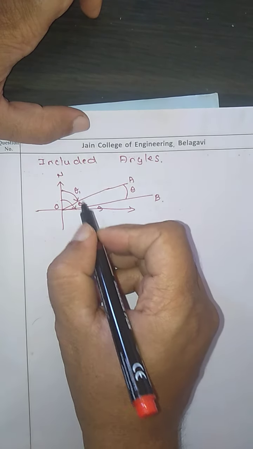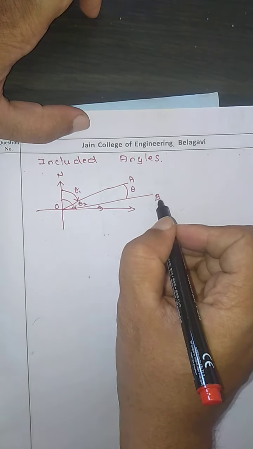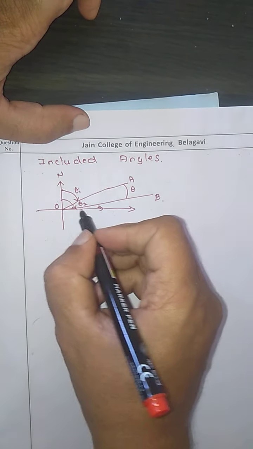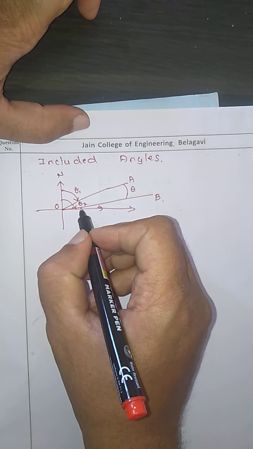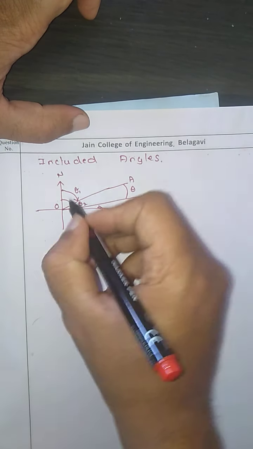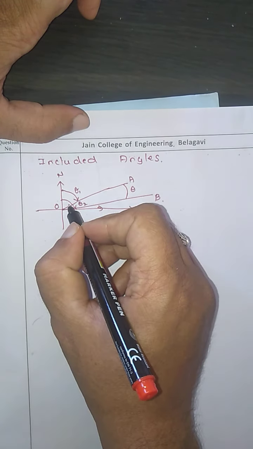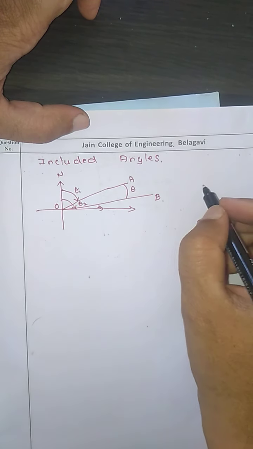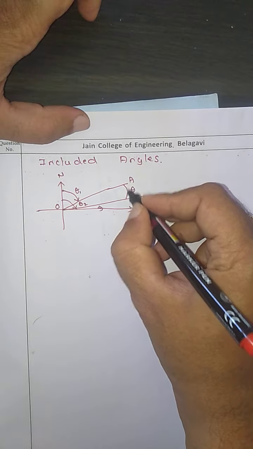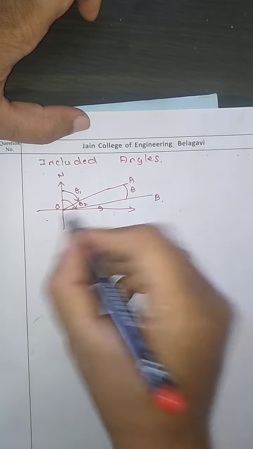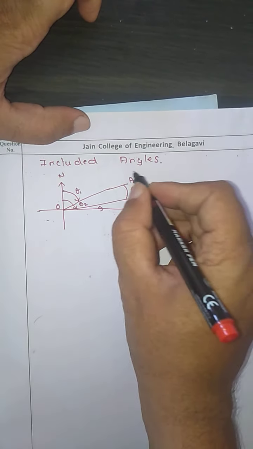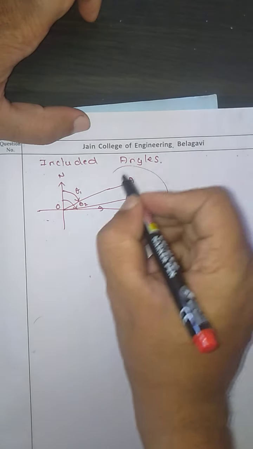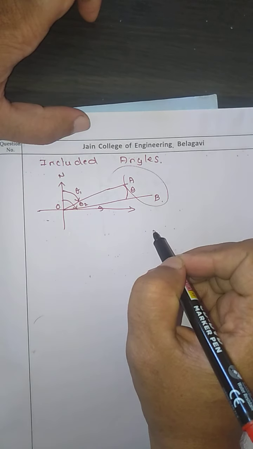NOA is making an angle theta 1 with respect to north, and then NOB is making an angle theta 2 with respect to north. Now if you want to determine the included angle, the angle AOB, this particular angle we call an included angle.